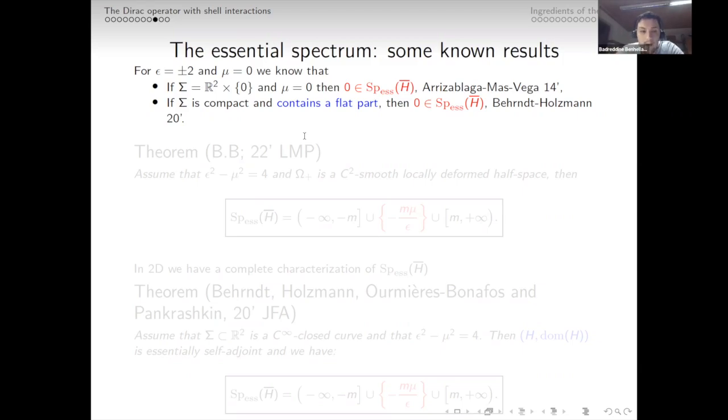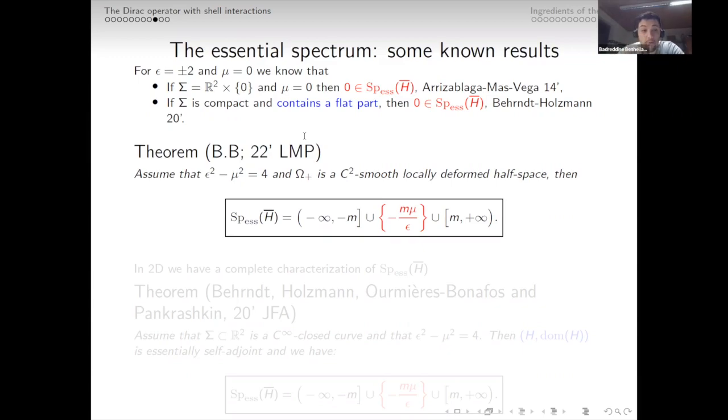And in fact, I showed the following. In the case of a locally deformed half space, we have a full characterization of the essential spectrum. We still have the union of these two intervals, and then we have an extra point which is in the gap. And we can play with the parameter epsilon mu so that we can achieve any point inside the gap.